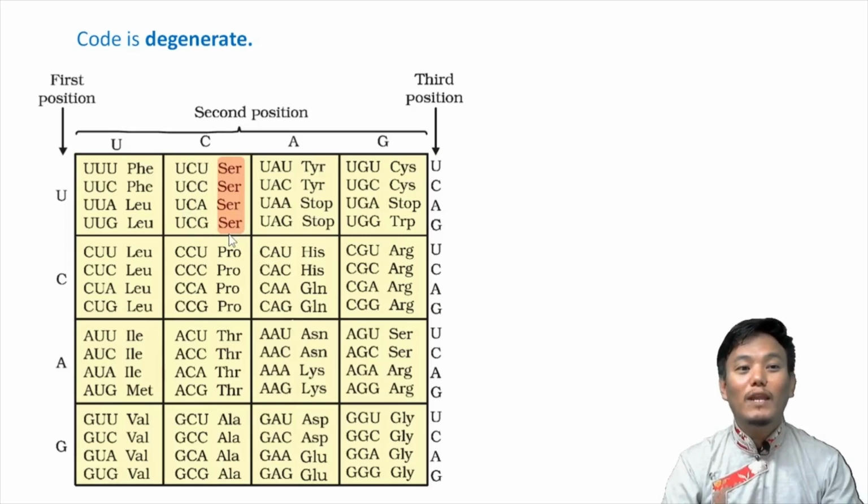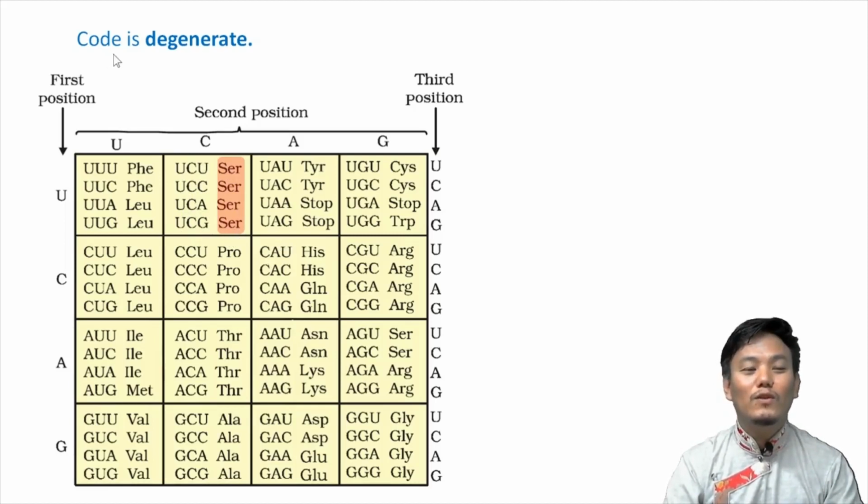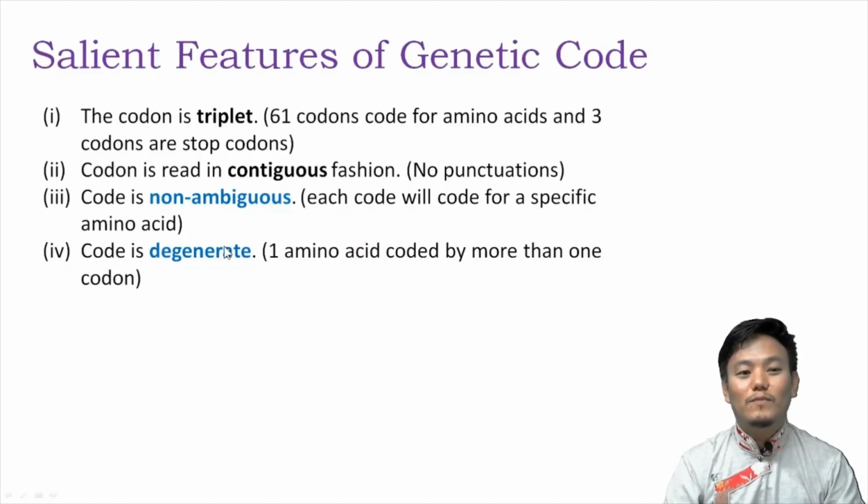So one amino acid can be coded by more than one codon. Therefore, the genetic code is said to be degenerate. The same goes with proline as well. Proline is coded by more than one codon. So that is what degenerate means. I hope you understood that.